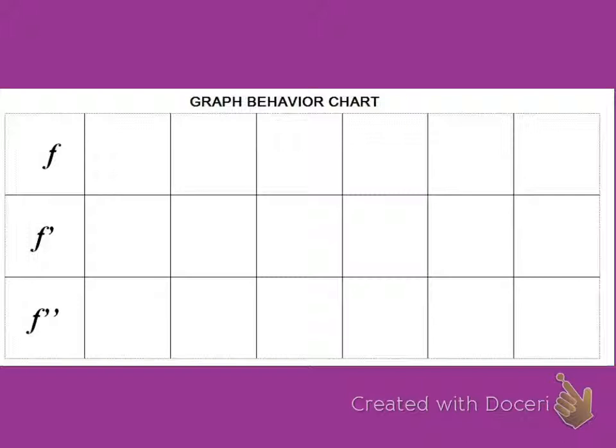So let's start off with looking at f, the characteristics of f and how they relate to f prime. I know that the graph of f will be increasing whenever f prime is positive or above the x-axis.